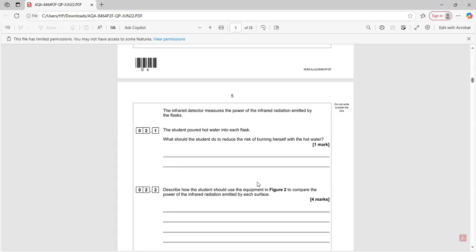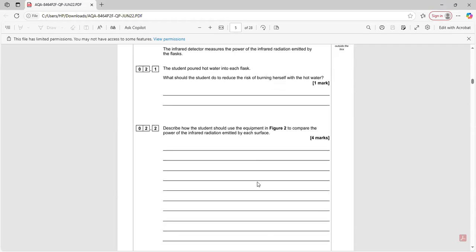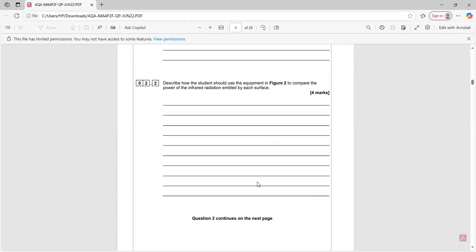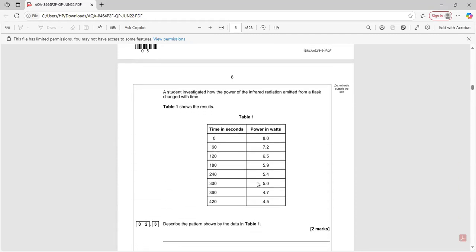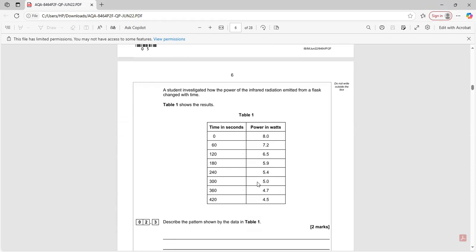Oh, okay, she should pour it slowly. Yes, that's one. That's a good one. The next one is asking you about the description of the method.